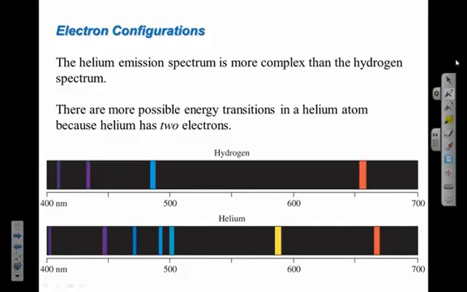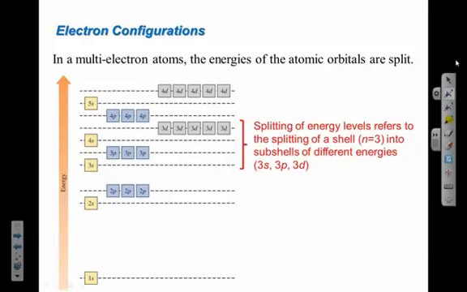If those are slightly different energy jumps, then I'll see more than one color represented from each one of those possible relaxations. So with helium, there are more possible relaxations than there are with hydrogen, and that tells us that with an atom that has more than one electron, there's a separation in energy between different subshells on the 2nd energy level. There's a separation in energy between different subshells in higher energy levels.